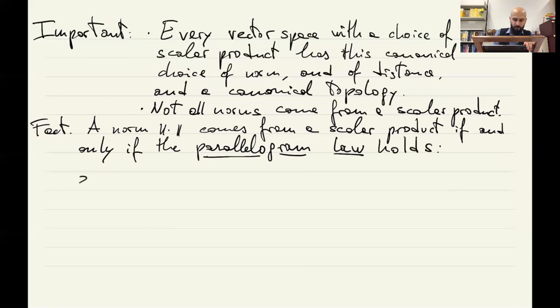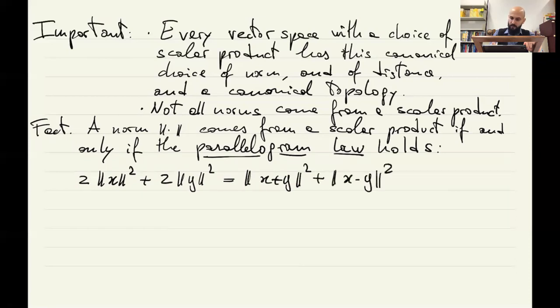The law is the following: twice the norm of x squared plus twice the norm of y squared is equal to the norm of x plus y squared plus the norm of x minus y squared.